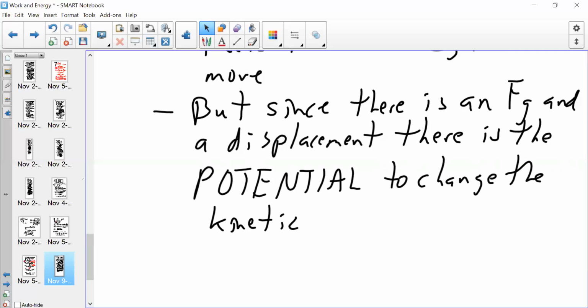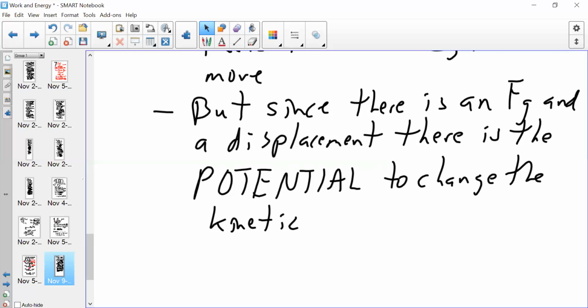We drop it. Okay, that potential to change the kinetic energy actually becomes a change of kinetic energy by the work done by the force of gravity moving it from its height to the ground. But right now, as a stationary ball, nothing is happening. It's just a potential.